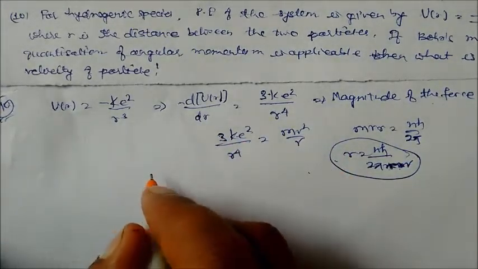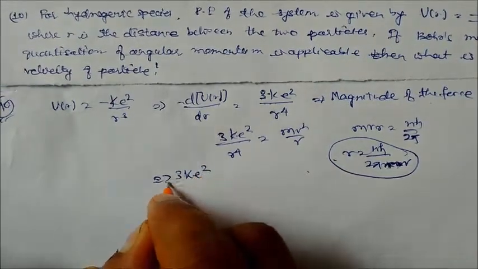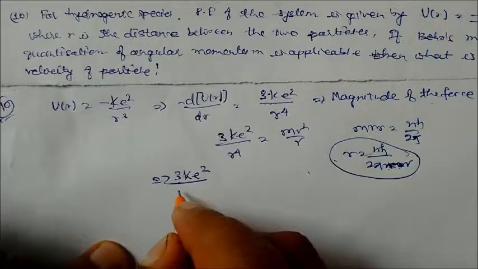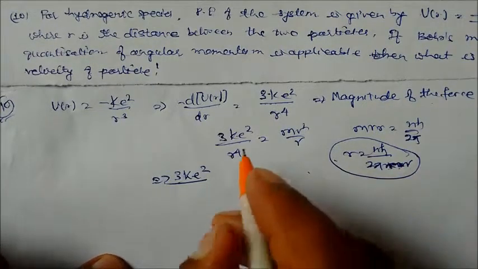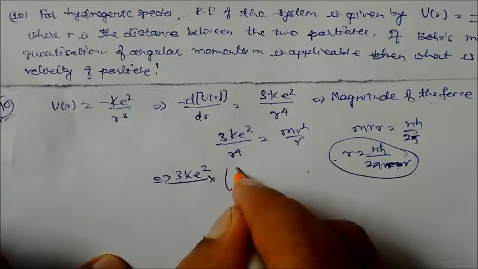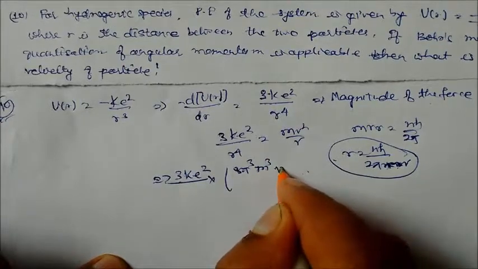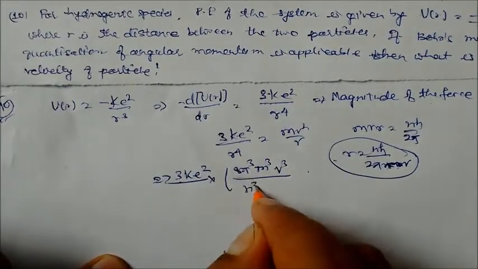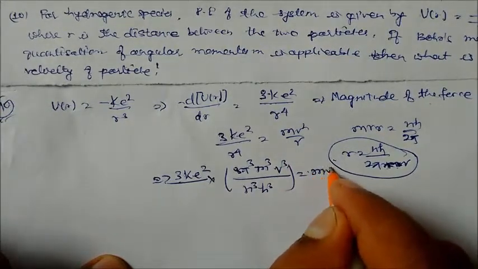So solving 3Ke square divided by R to the power 4, instead of R to the power 4 we can write this value. So we'll get 8 pi cube m cube v cube divided by n cube h cube, and this will be mv square.